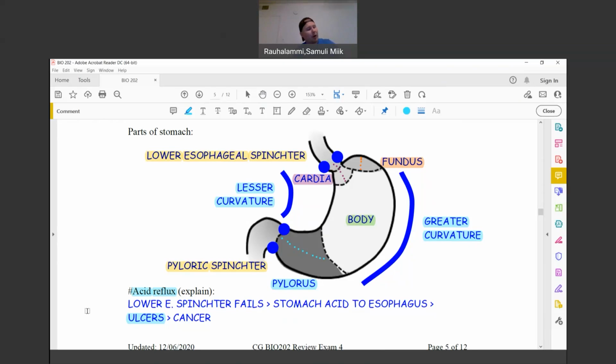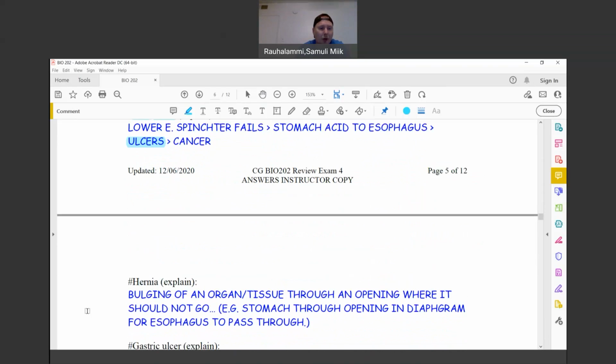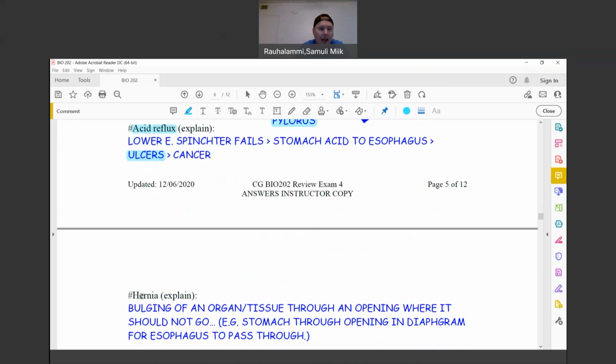There are two other concepts that I want to talk about, and let's move on to hernias a little bit. In general, hernias are when a structure in the body sneaks out through an opening where it should not go through. So, for example, in the digestive system, the stomach can protrude through the opening in the diaphragm that was meant only for the esophagus to come through.